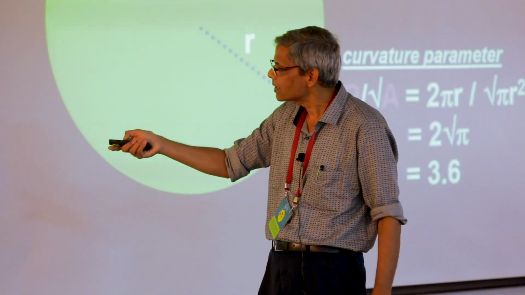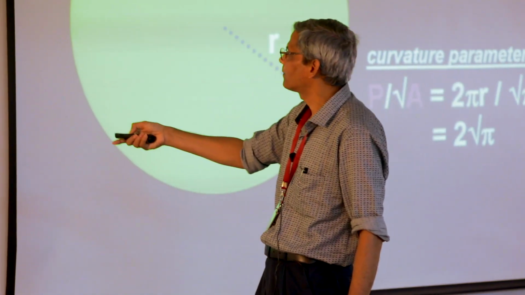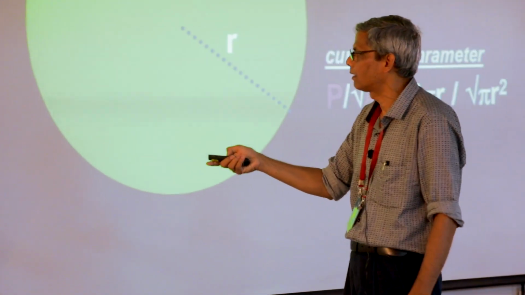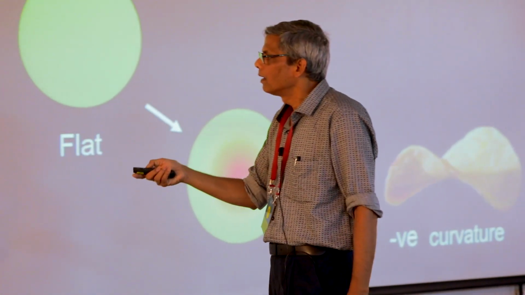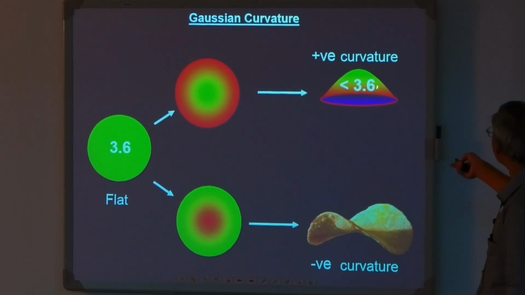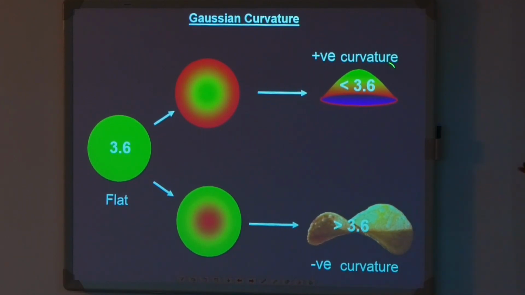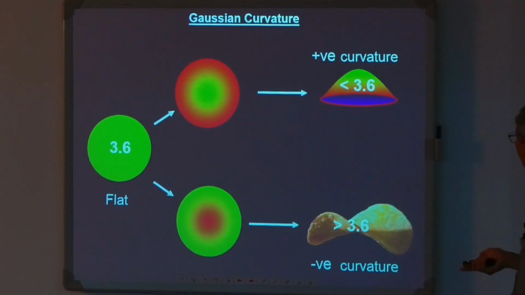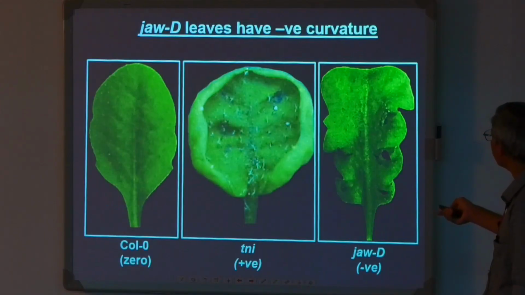So I can measure the flatness of these leaves by the P by square root A and see whether it is 3.6 or not. The possibilities are, if it is flat, it is 3.6; if it is positive Gaussian curvature, it is less than 3.6 because the perimeter is less and the center is more; and for negative Gaussian curvature it is more than 3.6. You do exactly those measurements.